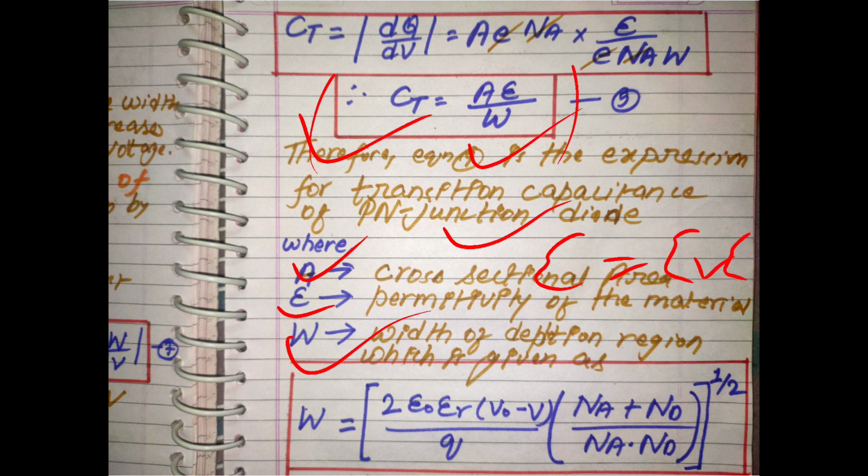The width of the depletion region is given by this equation. You can see here W is equal to this value to the power 1/2.